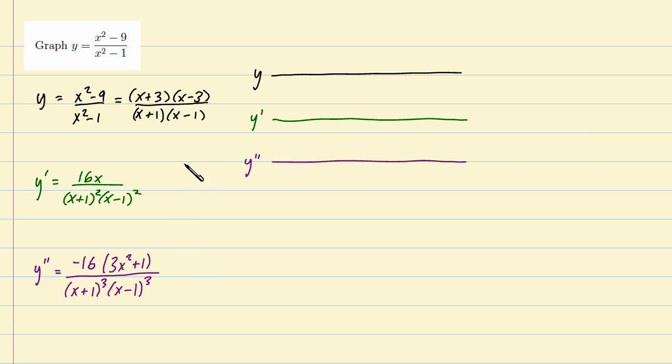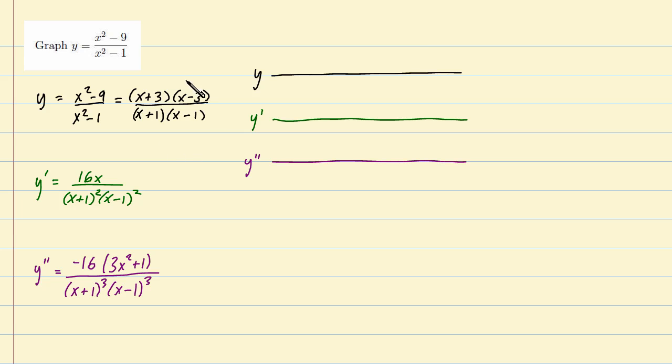Knowing where these four things happen tells us a great deal graphically. Now, we get different information depending on whether we're looking at y or y prime or y double prime, but again, knowing where things are 0 or undefined and positive or negative will really help us flesh out this graph.